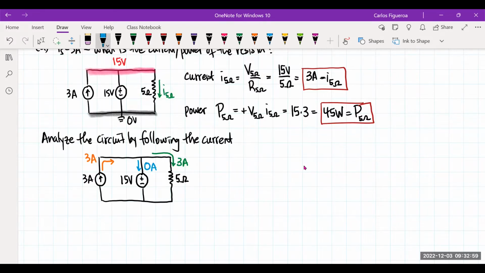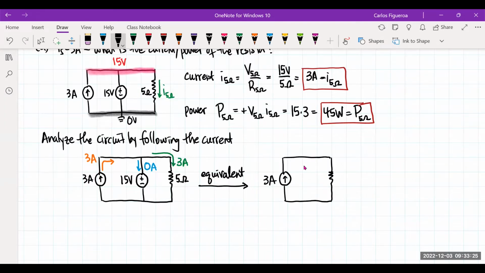So the fact that we have a 0 current, we can draw an equivalent circuit. And this is what the equivalent circuit says: I have, again, my 3 amp, and then I have my resistor, and what I'm seeing here is that this source acts as an open. So the current is flowing through here, but no current goes through the voltage source.